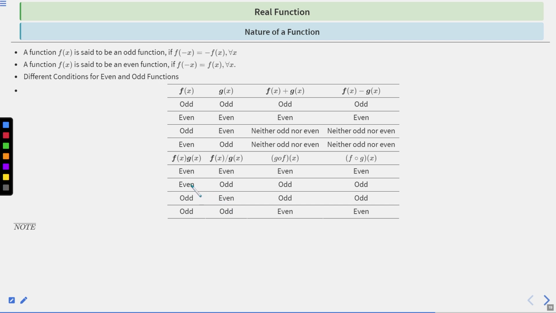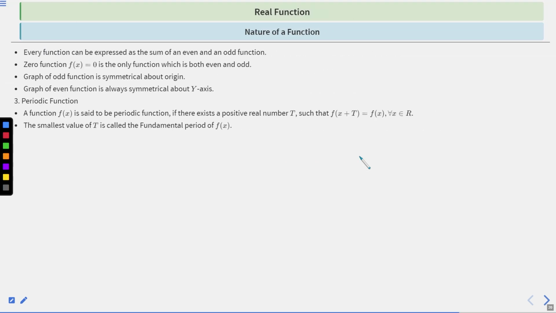Also, if f(x) into g(x) is odd and f(x) upon g(x) is even, then g(f(x)) is odd and f(g(x)) is odd. Similarly, if f(x) into g(x) is odd and f(x) upon g(x) is odd, then g(f(x)) is even and f(g(x)) is even, right?